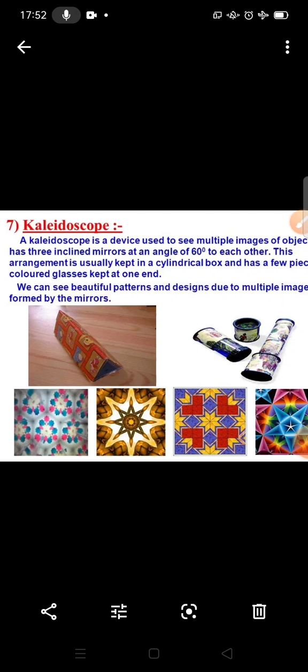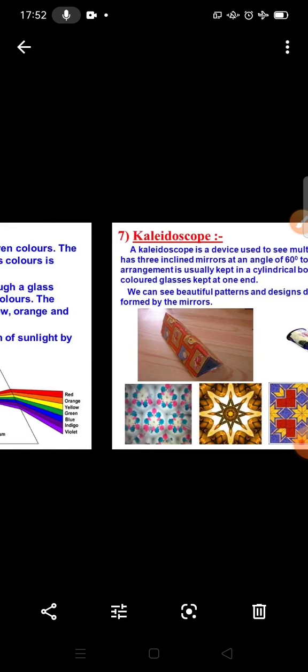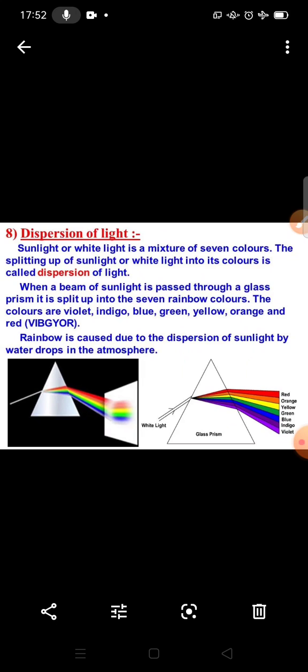Okay, now students, we will discuss the dispersion of light. Dispersion, the splitting or breakdown of white light into seven colors, is known as the dispersion of light. Sunlight is made up of white light, and you know white light is a mixture of seven colors.